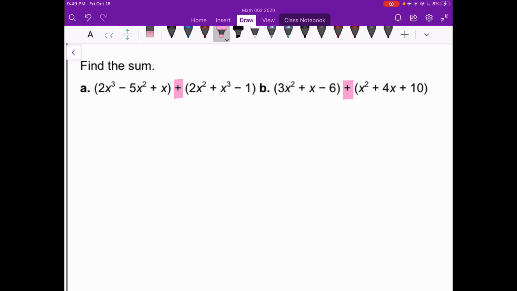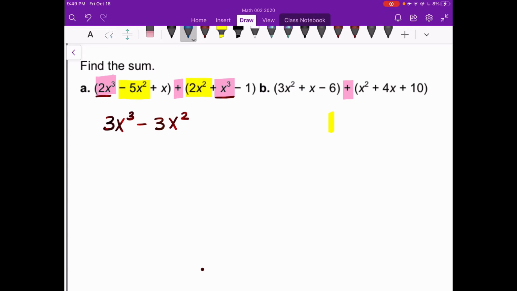See a cube term, then match it with the cube term. There's 1x cubed here, 2x cubed here. That's a total of 3x cubed. Go to the next like term. -5x squared matches with 2x squared. That totals to -3x squared.